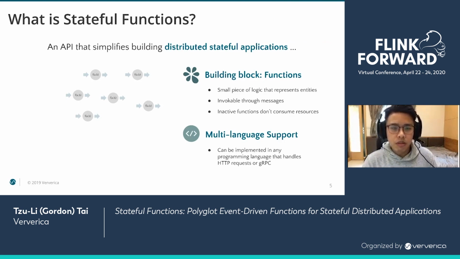So you can, for example, define a function type that represents a user, with a single instance of that function type representing a single user in your application. The function instances are invocable through messages, and they don't consume resources while inactive, or simply put, when they are not invoked. What that means is that the runtime can run infinite amounts of function instances within a fixed finite set of resources. We'll go into details of how that works later when we look at the runtime internals.